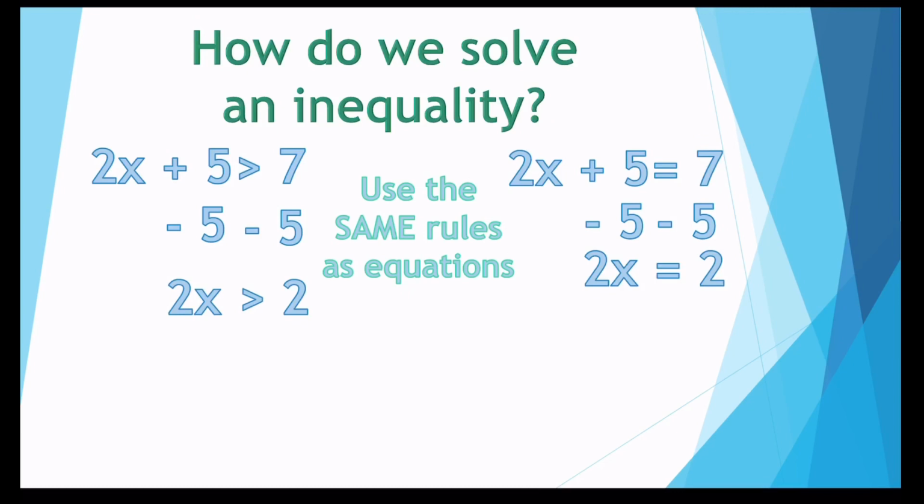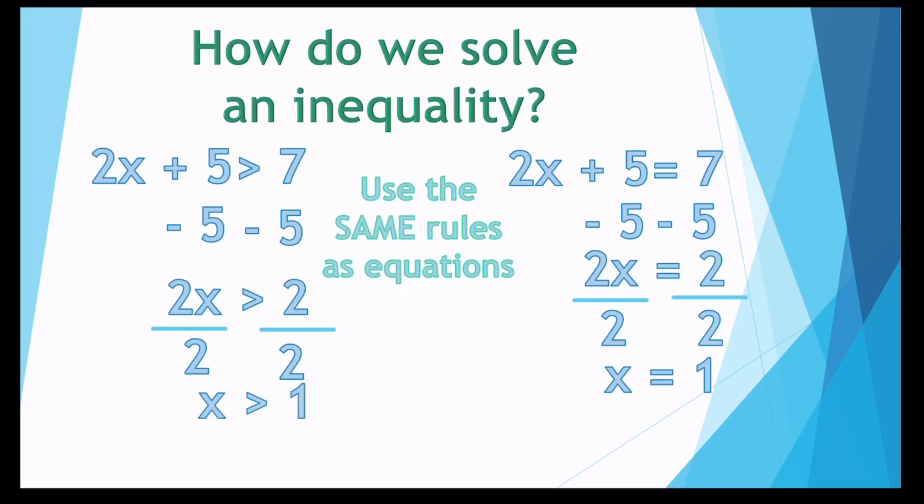Now to isolate my x, to get x by itself, I would divide both sides by 2. In this case, I get x equals 1. But over here, when I divide both sides by 2, I still get 1, but x is greater than 1. So that's going to look different when we go to graph.